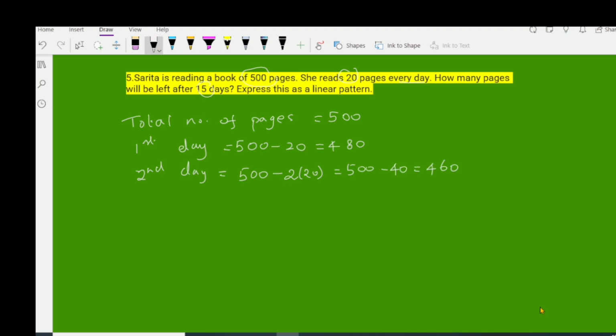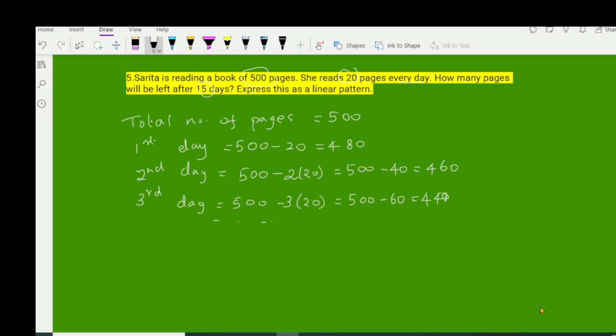So after the second day, she will have 460 pages more to read. Like that, after the third day, 500 minus 3 into 20 is equal to 500 minus 60, which is 440. So after the third day, she will have 440 pages remaining.